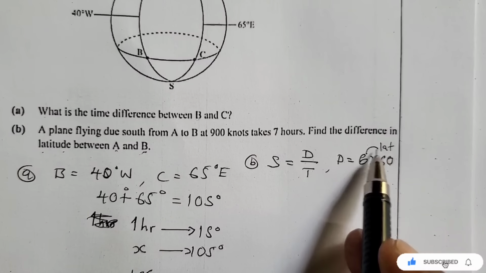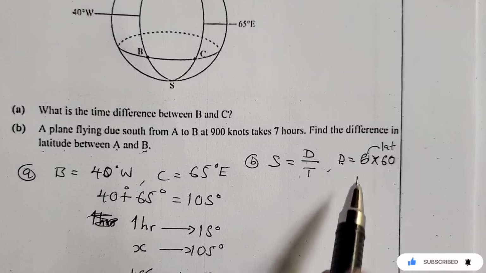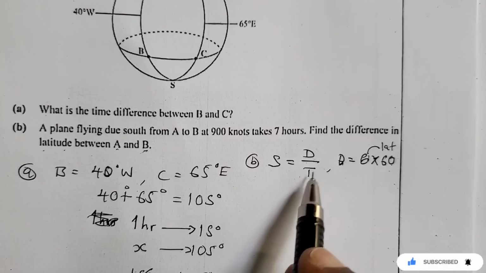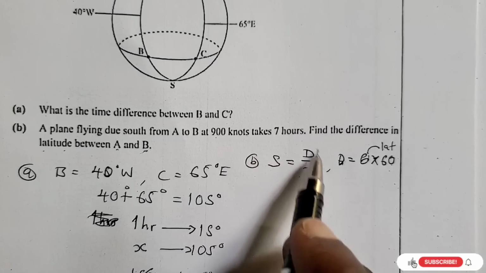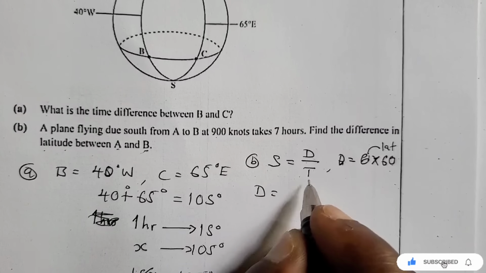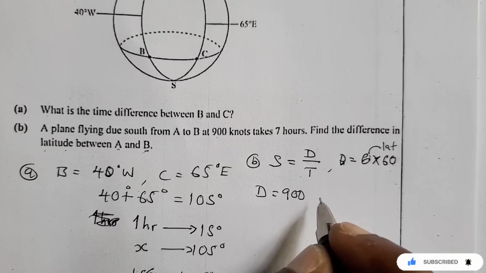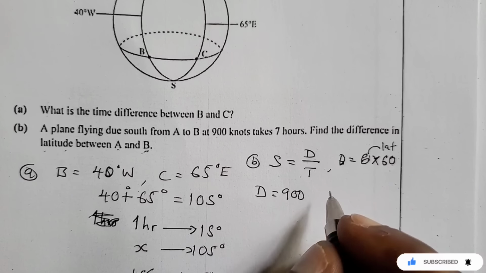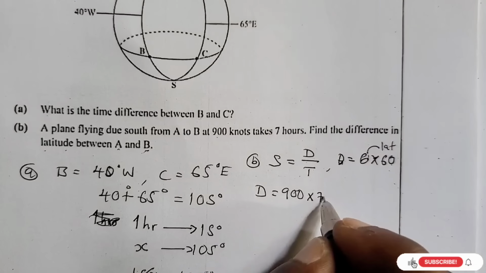For us to find theta, we need to know the distance. How can you find the distance? Given speed and time, distance is equal to speed times time. Speed is 900 knots, which is nautical miles per hour, times 7.